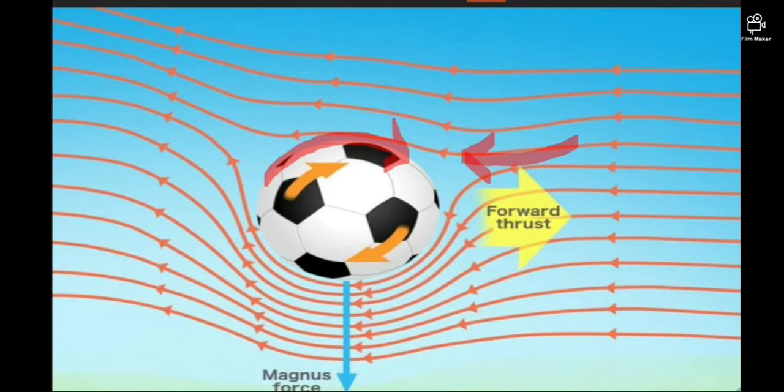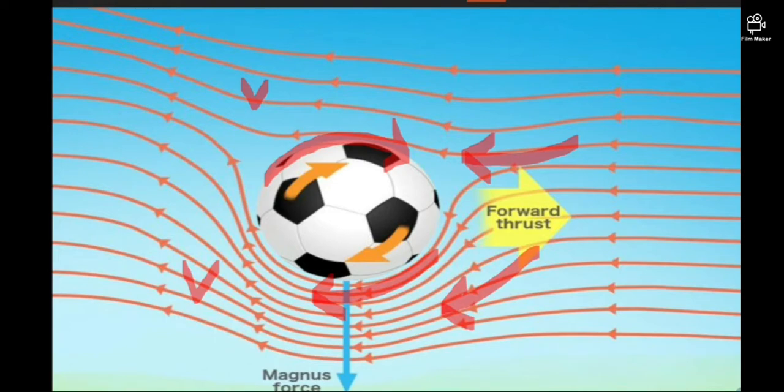Let's consider the other part of the football. The football is moving in this direction, and the air is also flowing in this direction. So it will create a drag, and what will happen? The velocity of the airflow will be much greater than the velocity of airflow in this part.